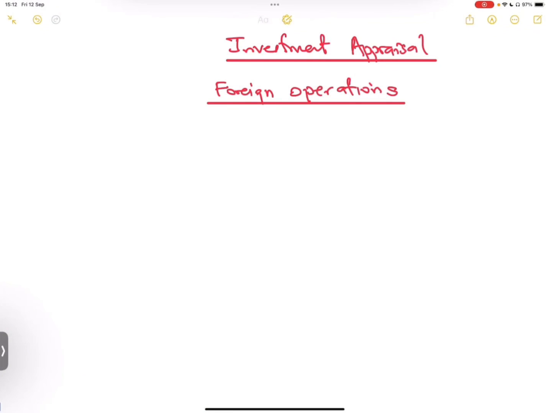But before we go into the investment appraisal itself, it's quite important that you understand what we are talking about when we're talking about foreign operations. You probably want to see it in two ways. You're doing a foreign project, which is your foreign investment.